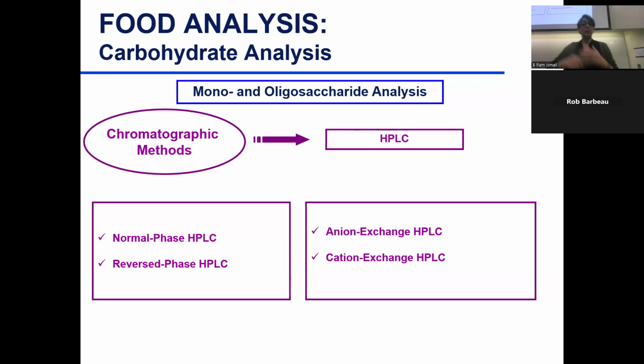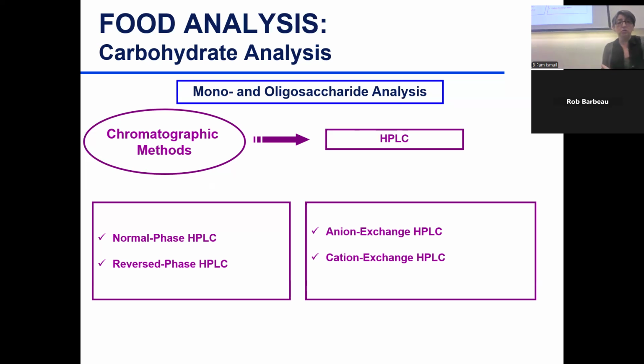So we spent, I don't know, 5, 6 lectures talking about chromatography. And I promised you that we'll come back to it when we look at different characterization and analyses. And here we are, carbohydrates and mono and oligosaccharides. We use chromatography, HPLC and also GC, I'll talk about it later, to analyze, detect, and quantitate mono and oligosaccharides. We use normal phase, reverse phase, anion, and cation.